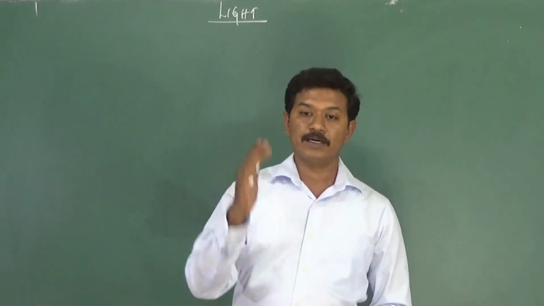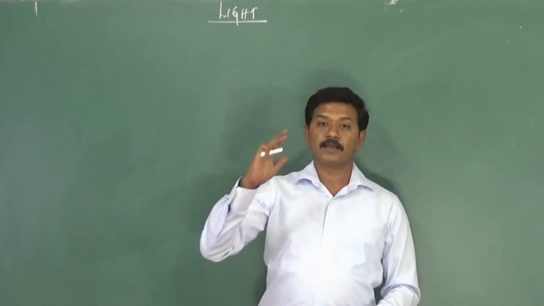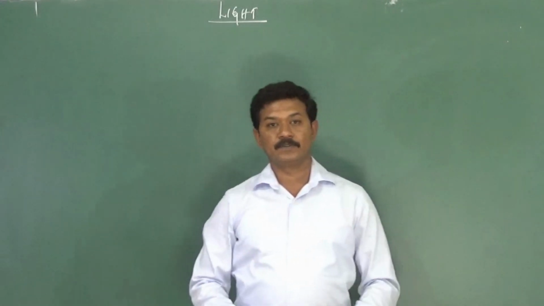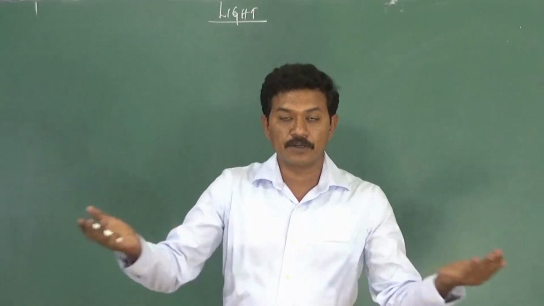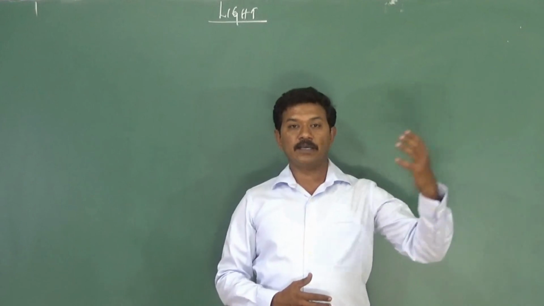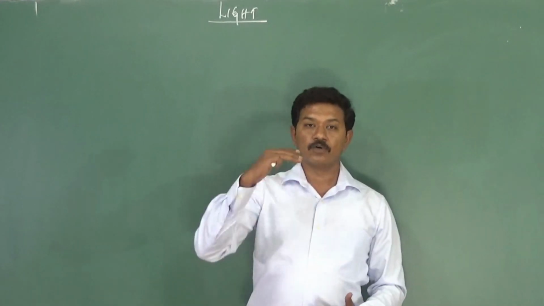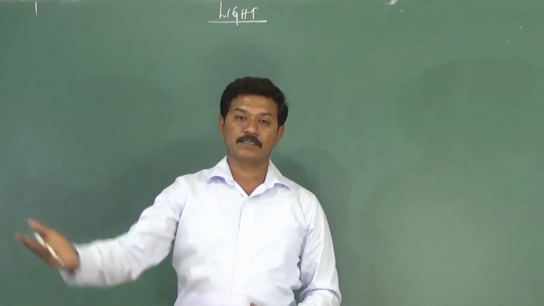So where does a 100% very good reflection take place? Before that, let us understand the definition of reflection. Whenever light rays are made to fall on a surface, most of the light rays get reflected.